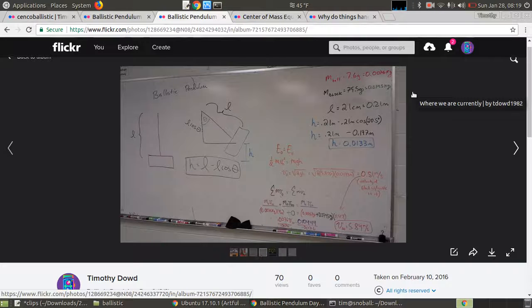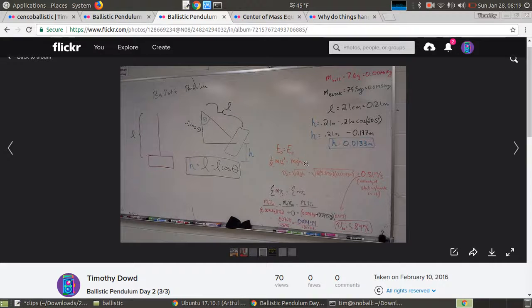So here's my calculation for one shot with the Southmore ballistic pendulum. You can see that I've got the mass of the ball, I've got the mass of the block, and I've got the length of the string as 0.21 meters. So I do my L minus L cosine theta and see that with the 20.5 degree angle I got, it went up 0.0133 meters.